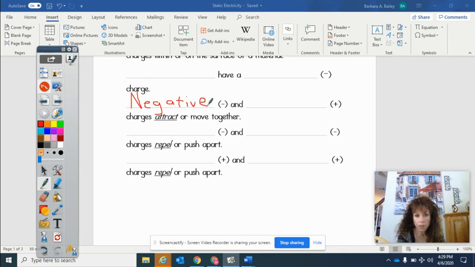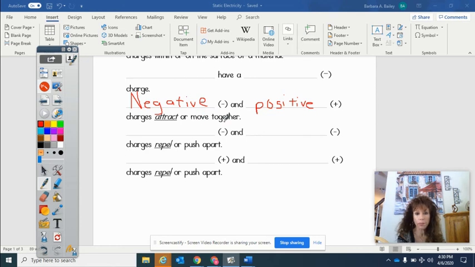And remember, going forward, we'll show negative with a minus sign, and positive, rather than writing it out, we will show with a plus. Okay, so hopefully you can see a dot there. All right, so negative and positive charges attract, and I underline that word because that is a vocabulary word.